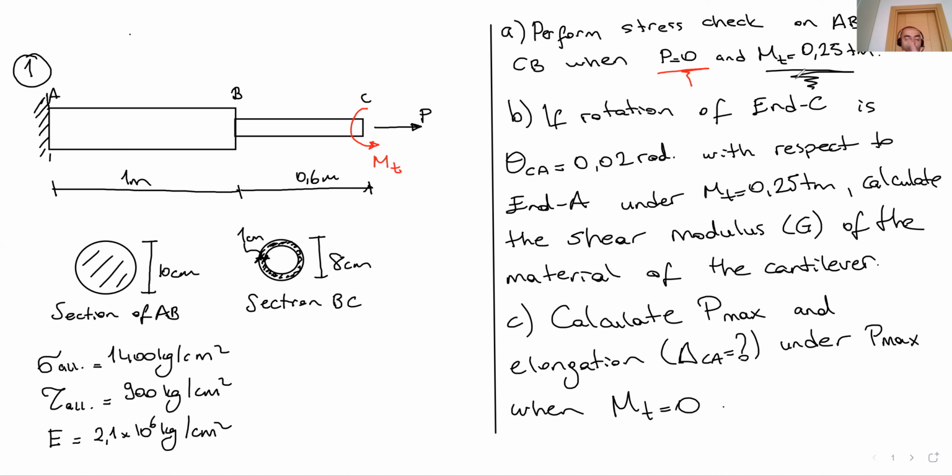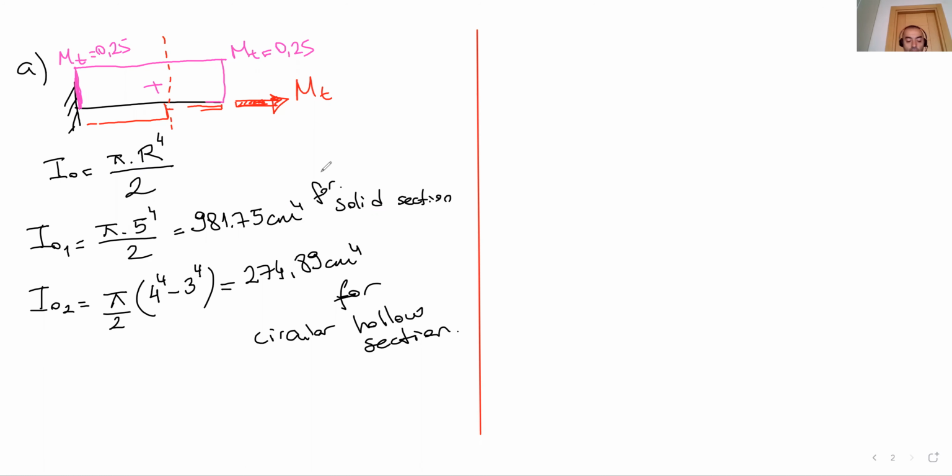If we have a torsional moment, we will have shear stress on the structural member. Okay, shear stress. We are going to calculate that shear stress here for portion 1 to 1 for the solid section.